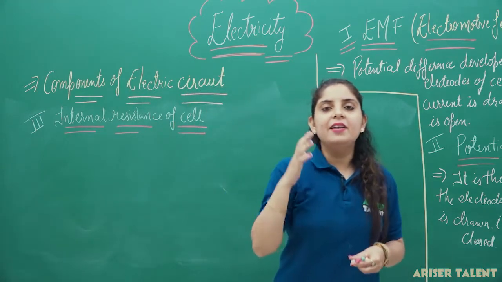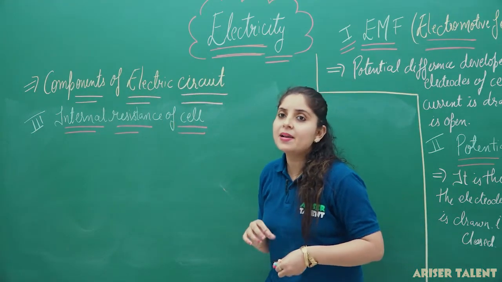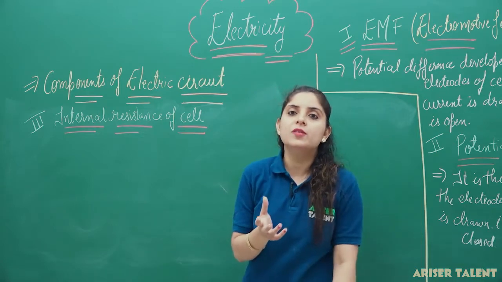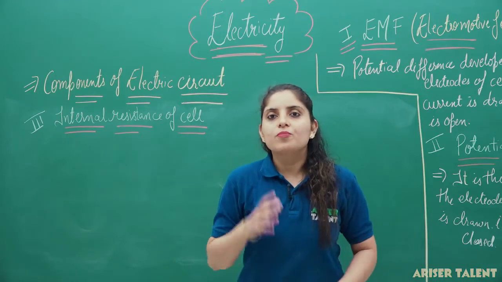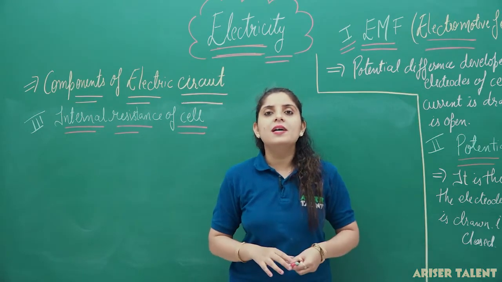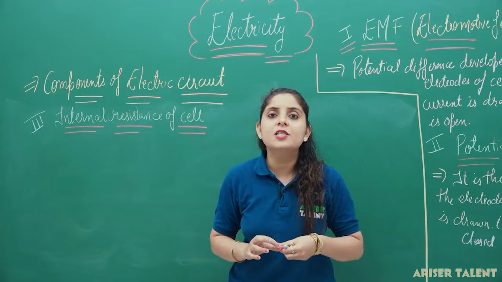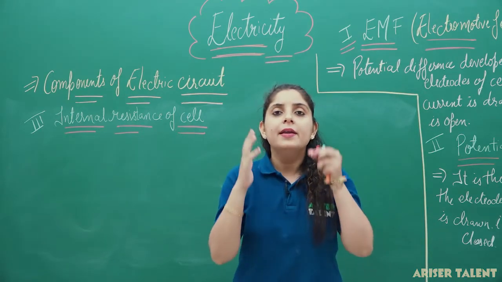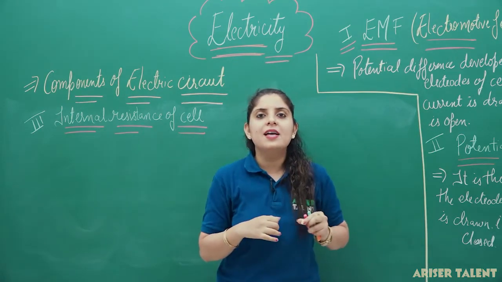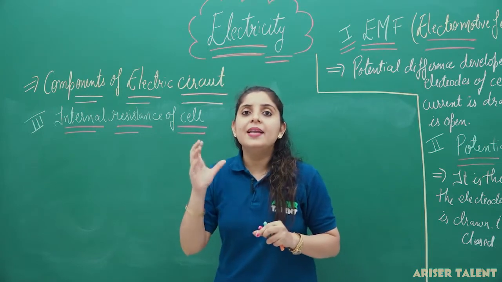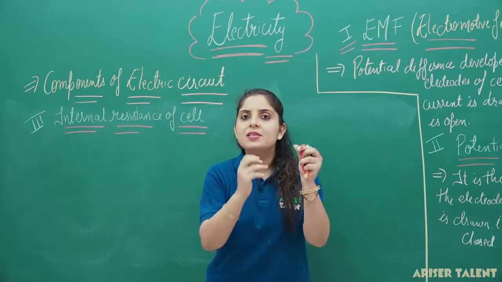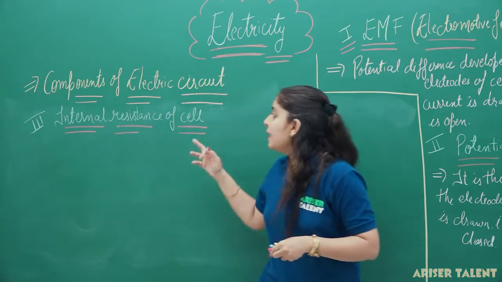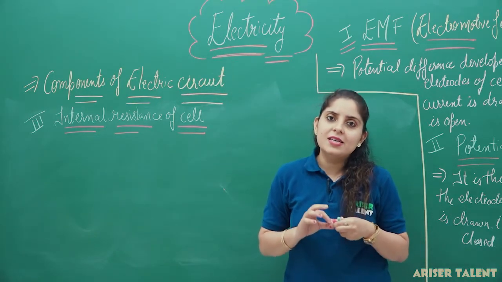So, basically internal resistance will be denoted by a symbol small r, because we are using a symbol capital R for calculating the resistance of the circuit. Now, internal resistance of a circuit is basically the resistance offered to the flow of the current. It means if the current is flowing in the circuit, then what will happen? The electrolyte you are using in the circuit also has a tendency to resist the flow of the current in the circuit, and that will be known as the internal resistance of the cell.